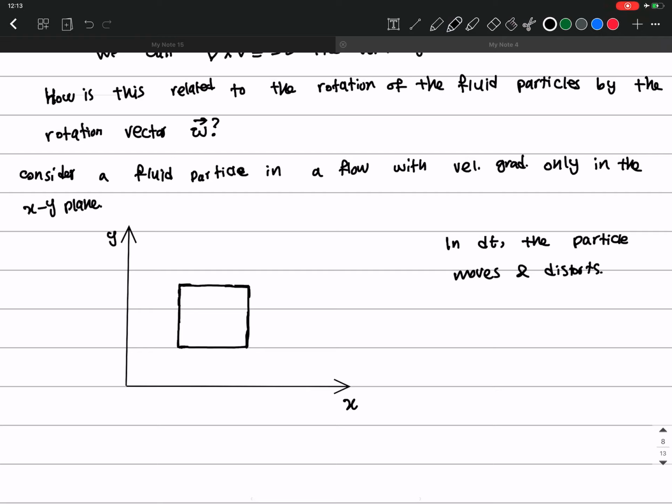After a short interval dt, let's investigate a general scenario that we can have. For example, the particle could move here. This corner can move here, and then it can also distort and rotate. So it can slightly rotate in the other direction.